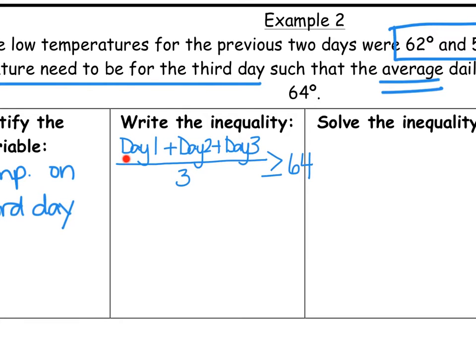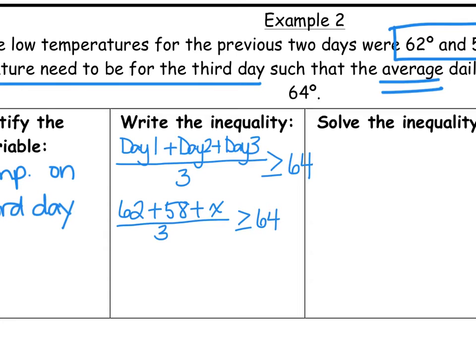So now I'm just going to take these numbers and plug in what I know. I know that day 1 is 62 degrees, day 2 is 58, and day 3 is what we're looking for. So 62 plus 58 plus x, divided by 3, is greater than or equal to 64.